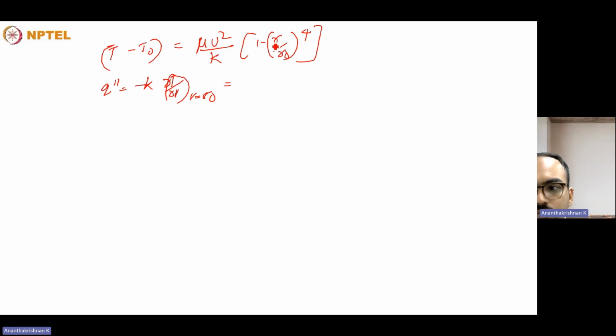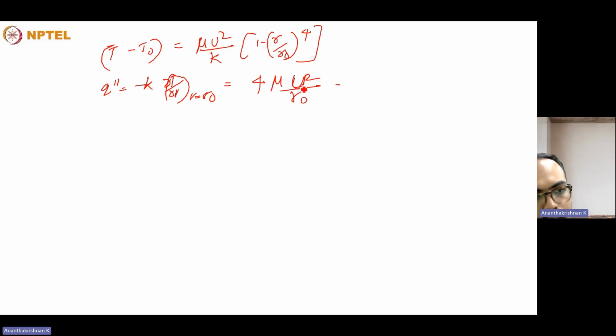This will be 4 into (r by r0) the whole cube, minus 4 into (r by r0) the whole cube. The first term is a constant, and differentiating it with respect to r will become 0. So we get this as equal to 4 into mu U squared divided by r0.